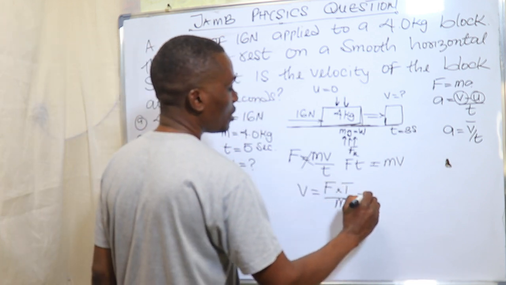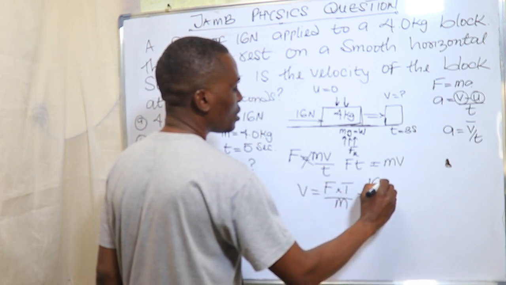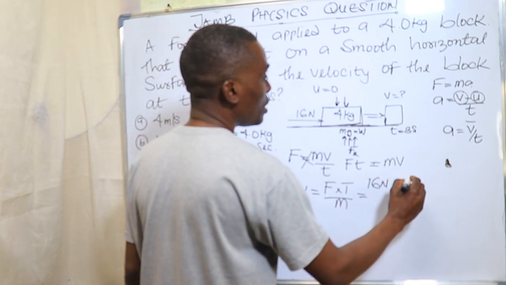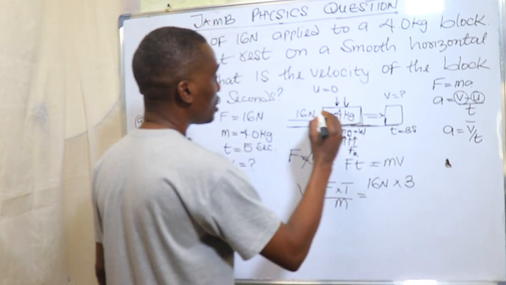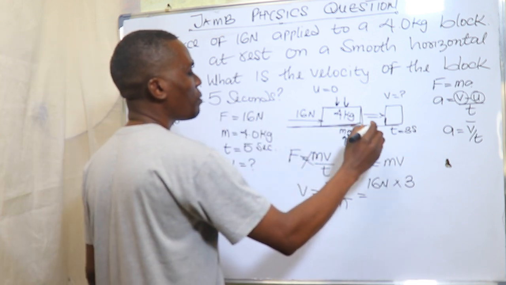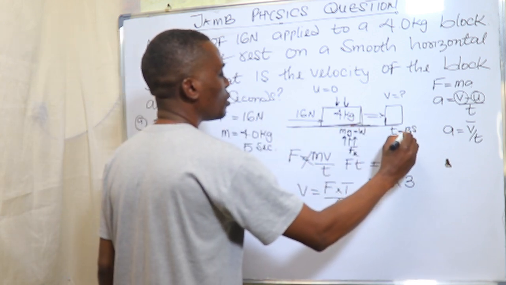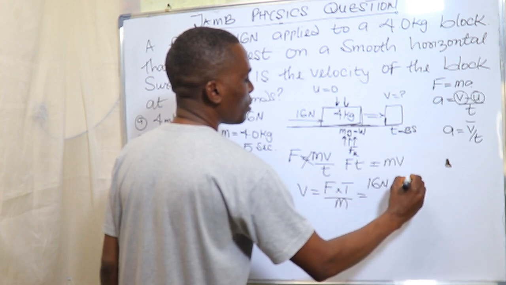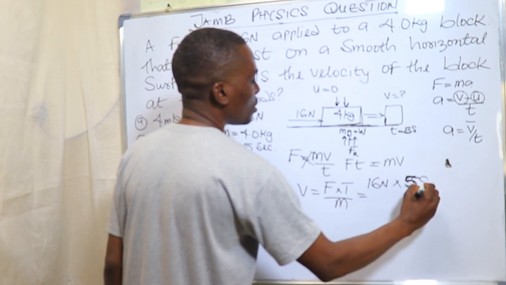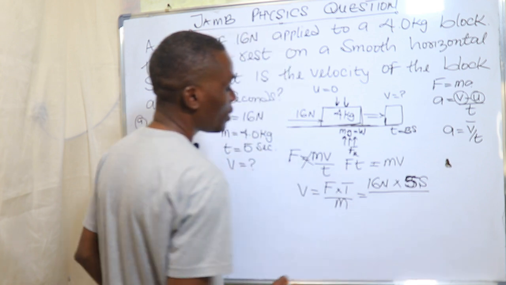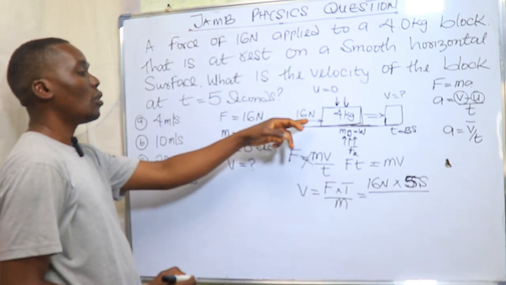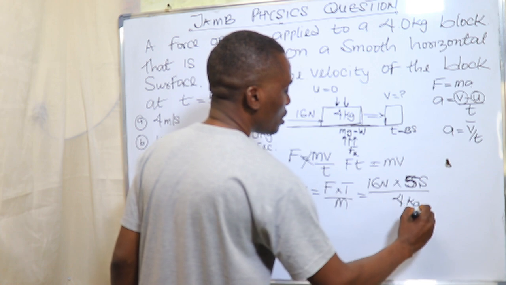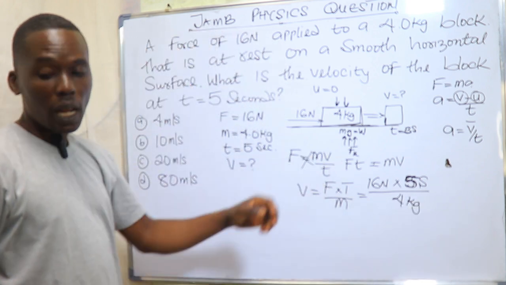Now the velocity now, the force they give us now 16 Newton multiplied by the time now how many seconds? 3 seconds. No, the time now 5 seconds. Me, I think say the time now 3 seconds. The time now 5 seconds. And all of them divided by the weight of the block now, 4 kg. Now make you multiply all these things.